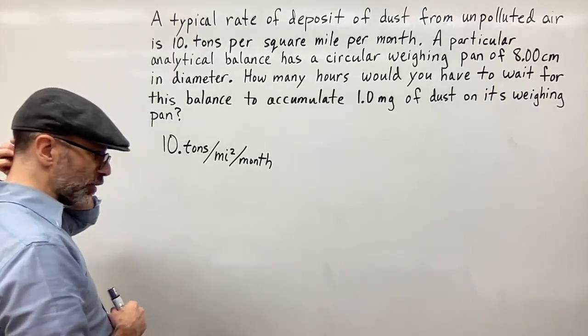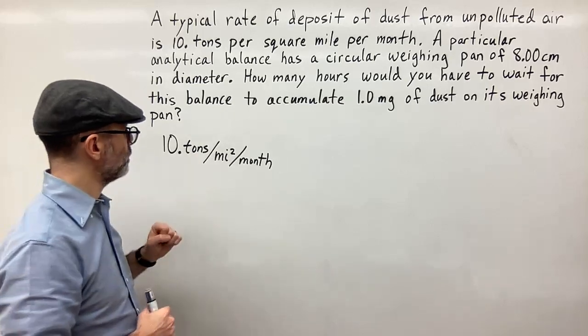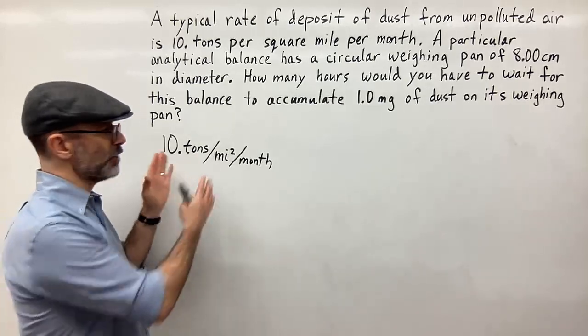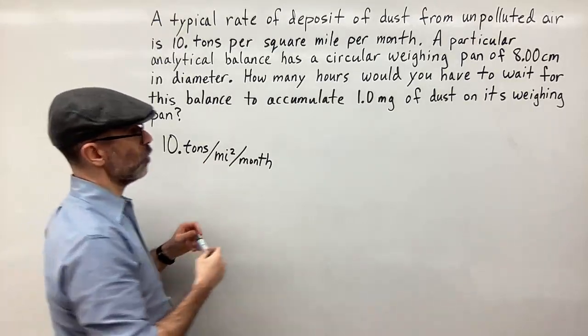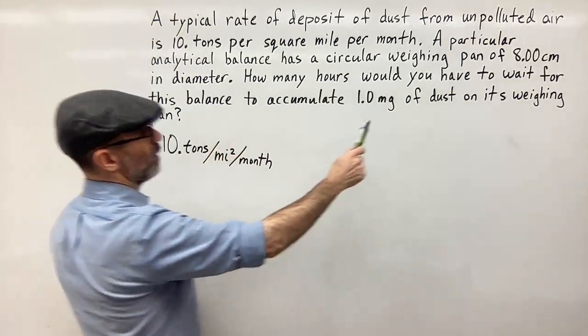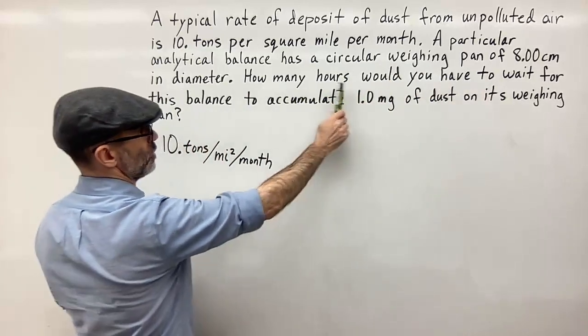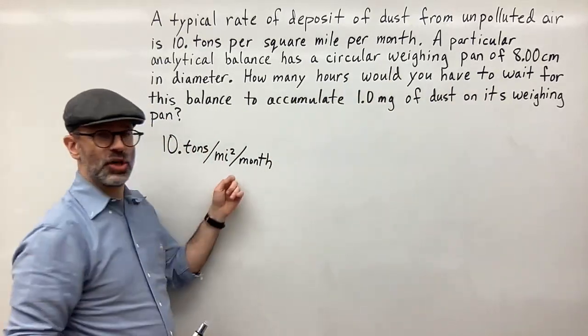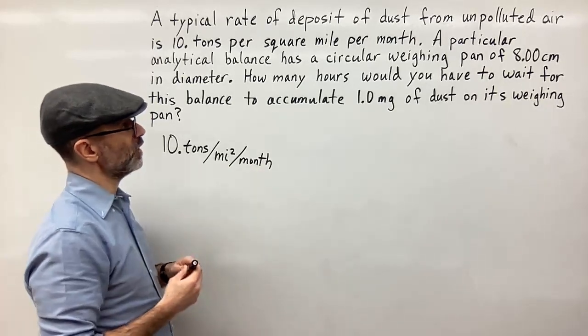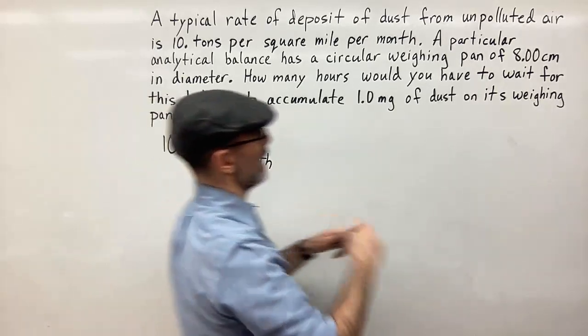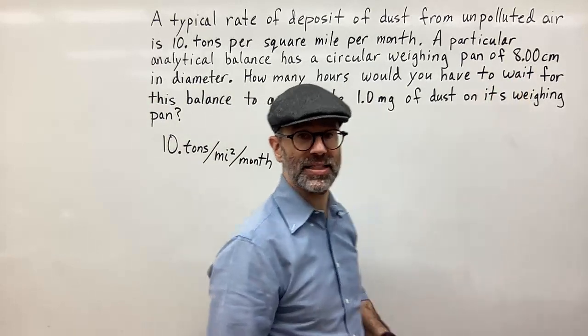Okay, so my strategy is to change the units here to the units that they want. For example, they want the time in hours, and I have months, so I'm going to change that to hours. They're giving me the diameter of the weighing pan in centimeters.